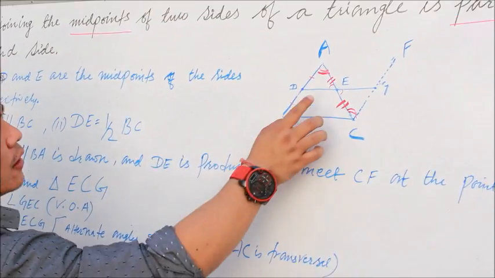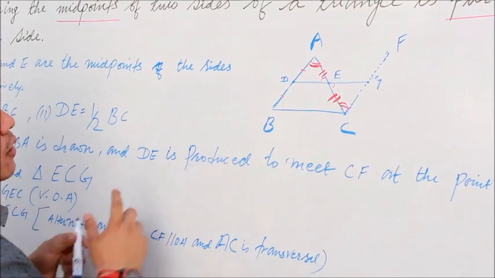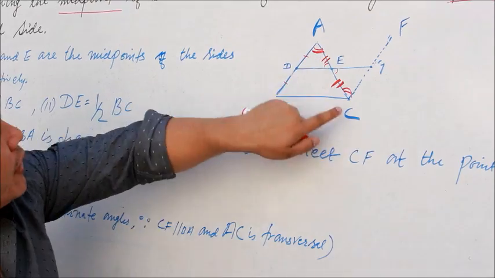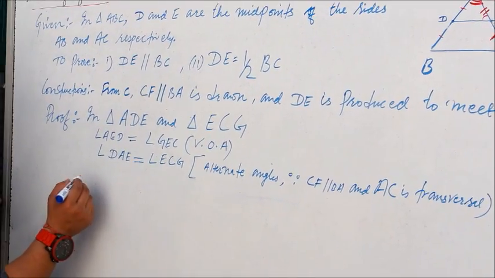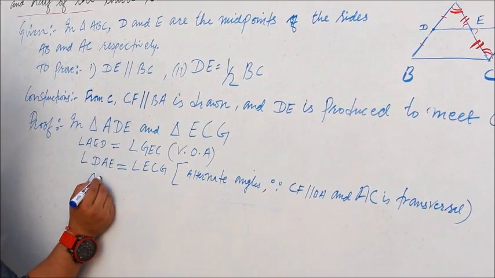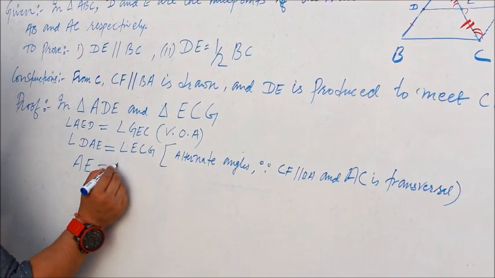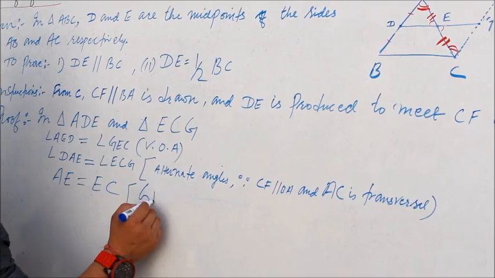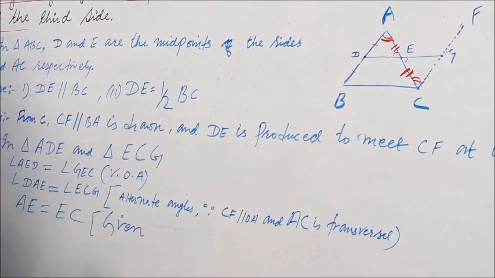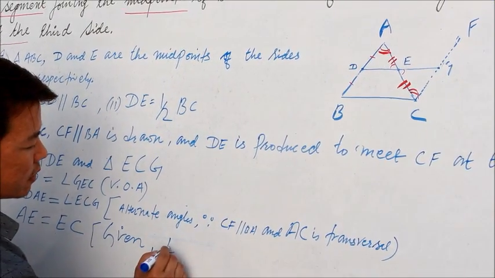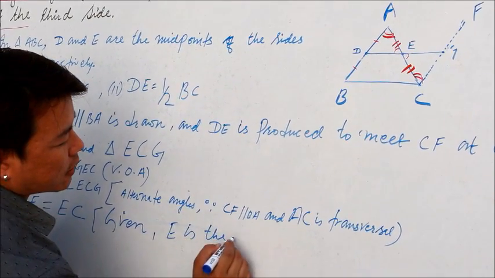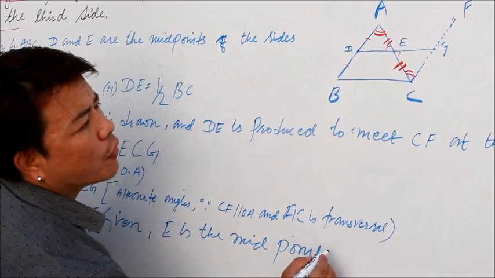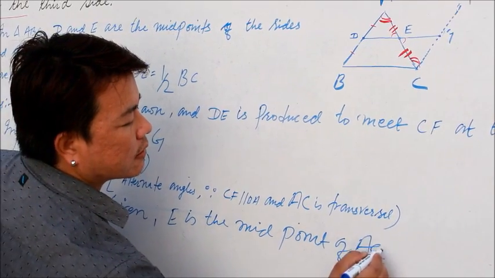Now these two pairs of angles are equal. Now we can say AE is equal to EC, because we know that E is the midpoint of AC. So we can write AE equals EC. What is the reason for this? Given. What is given? E is the midpoint of AC.